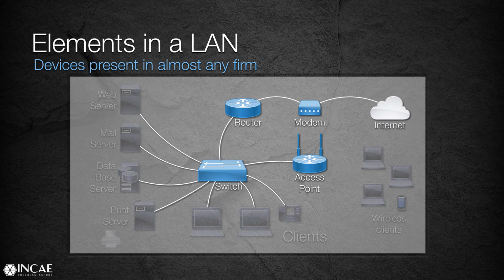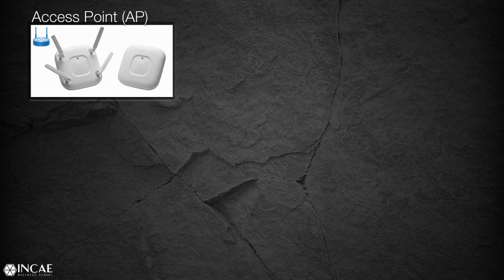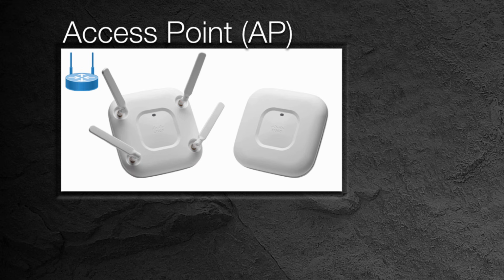Let's move on to our final set of devices, namely the network devices that interconnect all the servers and clients. And let's talk about switches, access points, routers, and modems. Let's start with access points. Access points are these devices you might have seen on walls or ceilings and that have antennas.